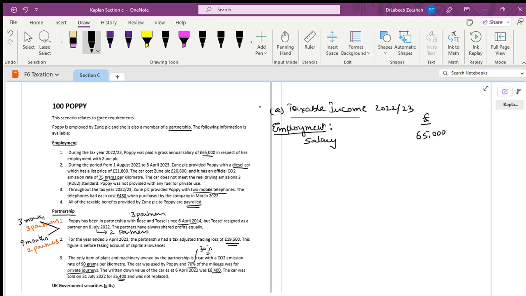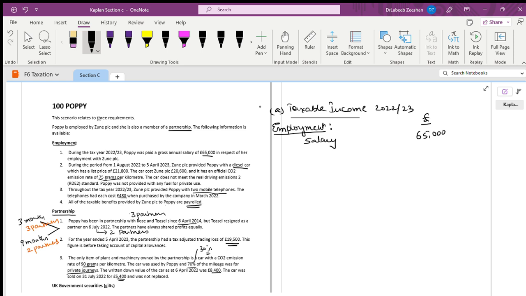If you take the diesel car benefit, for 55 grams you have 16%.